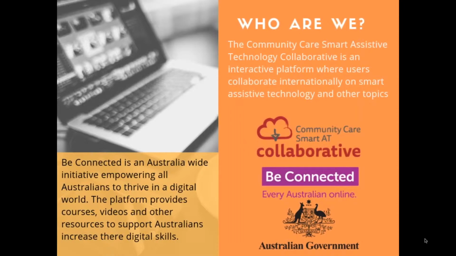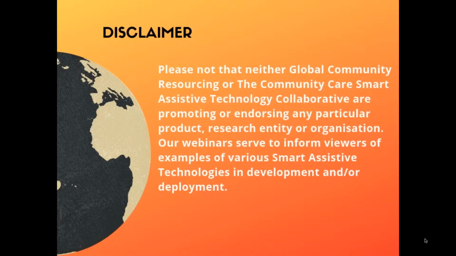The network is a platform for people over the age of 55 who are interested in increasing their digital literacy skills. This can be particularly useful for organisations and collaborators who have clients in this age group who aim to become more digitally included. This webinar is part of a series we will be hosting focusing on digital inclusion and digital literacy in older people in Australia.